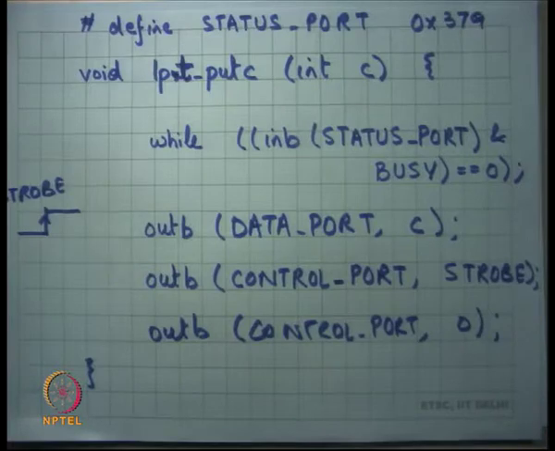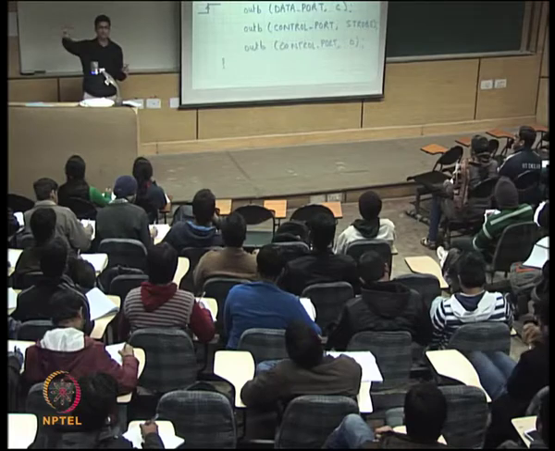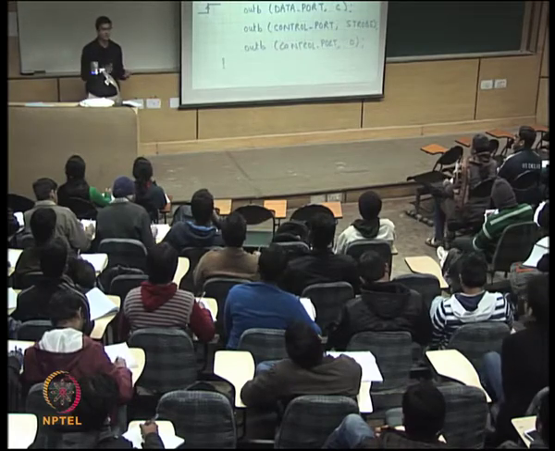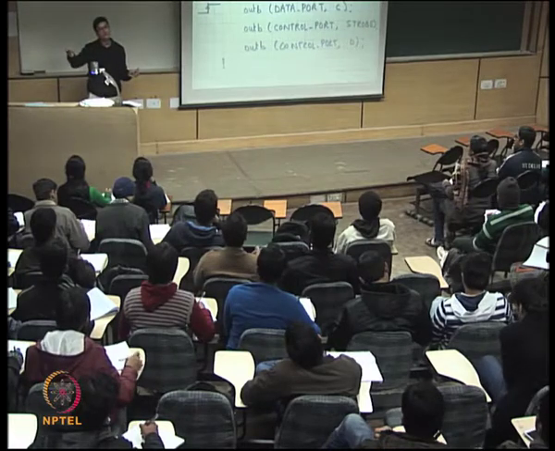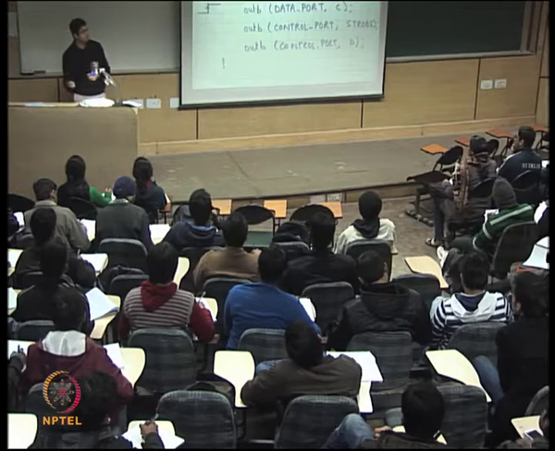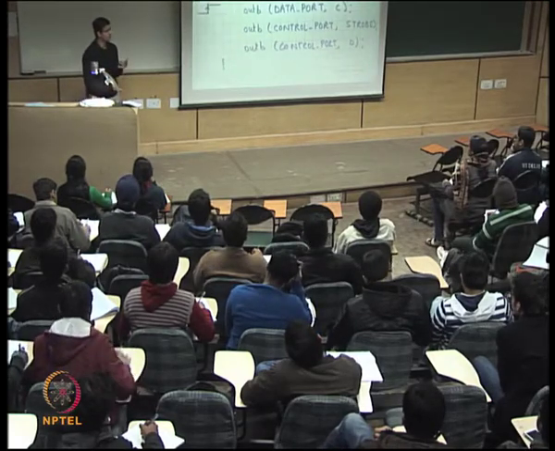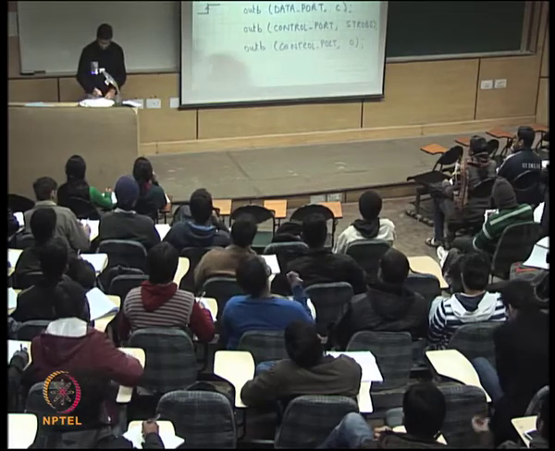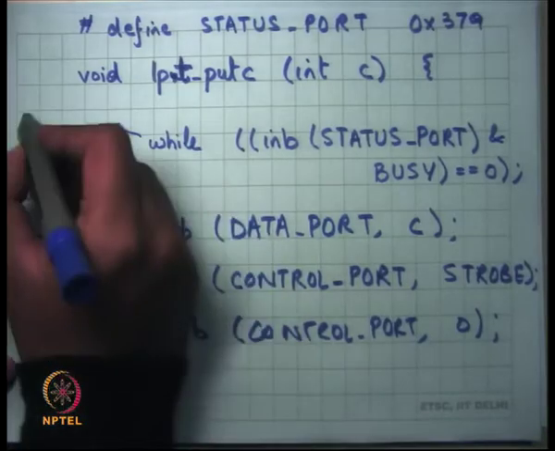A more efficient use of my resource could have been that I use the CPU, if the status port is busy, I figure that out and I start executing something else, and there's some way for the printer to let me know that the status port is now free, and so that's when I start executing the rest of the logic, right. That would have been the more efficient way of doing things in some situations. So this is called polling.